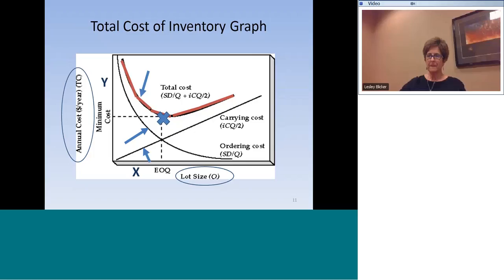It stands to reason that this EOQ model is trying to find the lowest cost where the two lines intersect, and that lowest point is also the optimal order size. If the two amounts, your ordering costs and the carrying costs, are not the same, or pretty close to the same, then you likely have computed an incorrect Q.